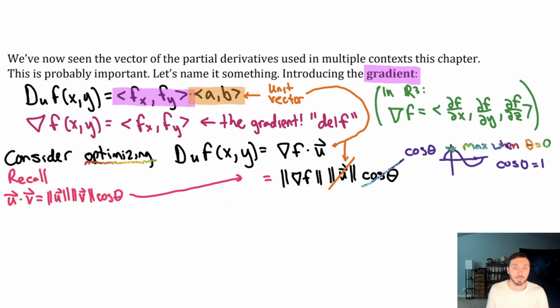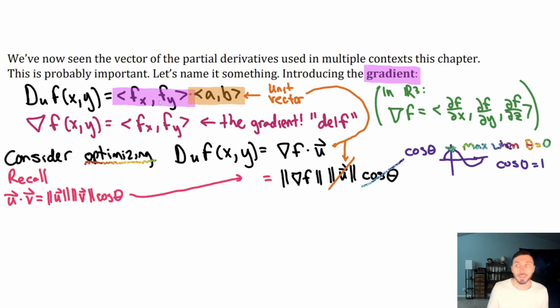Likewise, what's the magnitude of the unit vector? Well, it's a unit vector. The whole point of the unit vector is that it has a magnitude of 1. So this also just has a 1. So in order to maximize the directional derivative here, ultimately we're just taking the magnitude of del f, which would just be the magnitude of our partial derivative vector here.